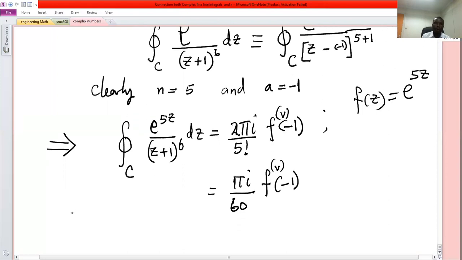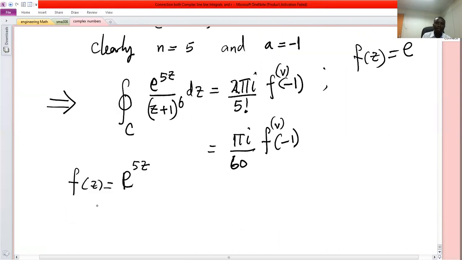So f of z equals e raised to power 5z. Then the first derivative, using the chain rule, differentiate this part to get 5 multiplied by the function. And then the second derivative, differentiate again, so 25 e raised to power 5z.